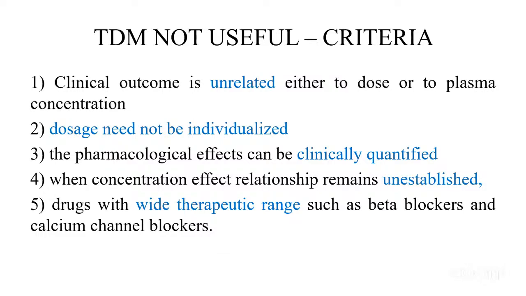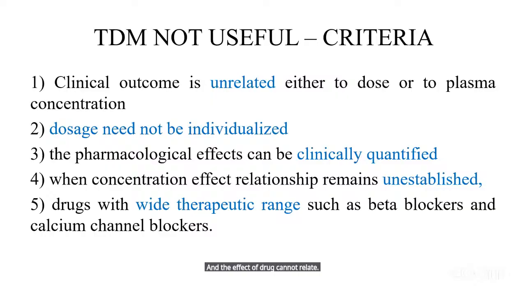Number three is if the pharmacological effect can be clinically quantified. How is the patient? Can the patient's behavior or characteristics represent the pharmacological effect of that drug? Number four, when the concentration-effect relationship remains unestablished, if the concentration and the effect of the drug cannot relate.